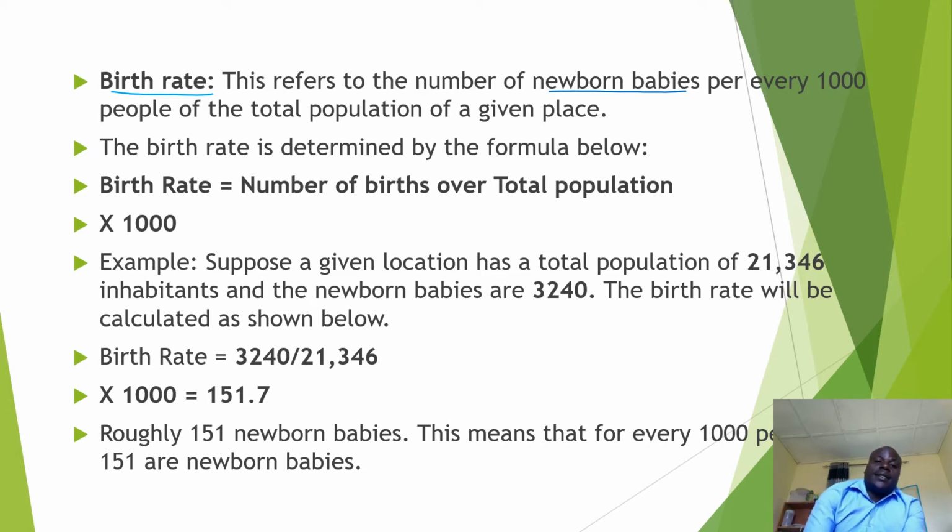The formula is you get the number of births, children born, new babies, over the total population, then times what? 1,000. The number of newborn babies divided by the total population, then times 1,000. The examples are down here. You can look at them.